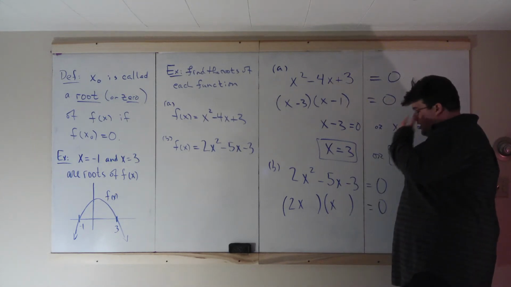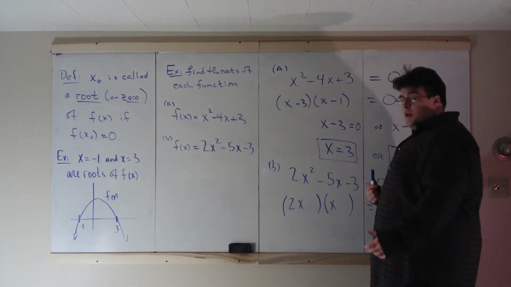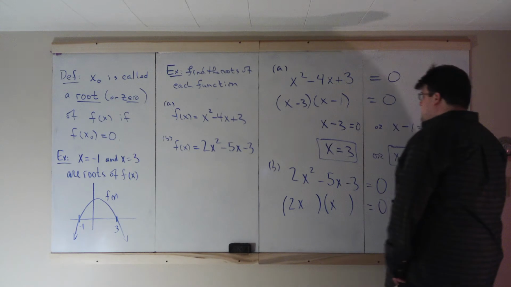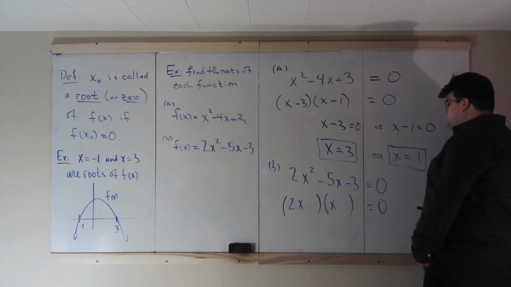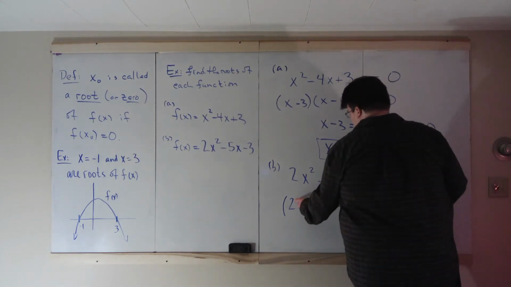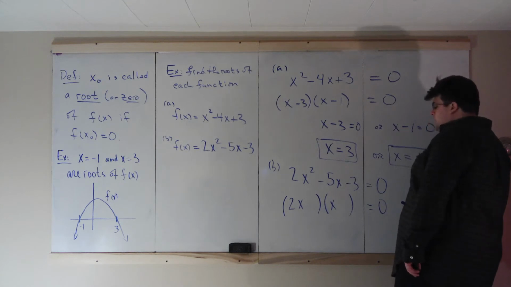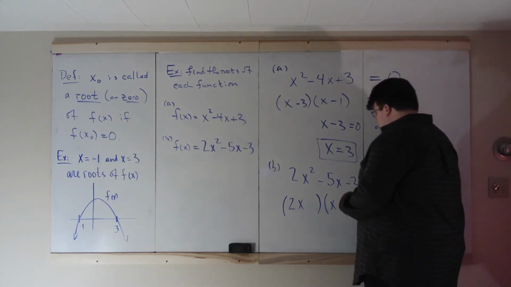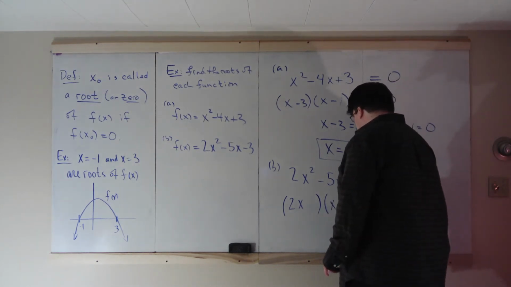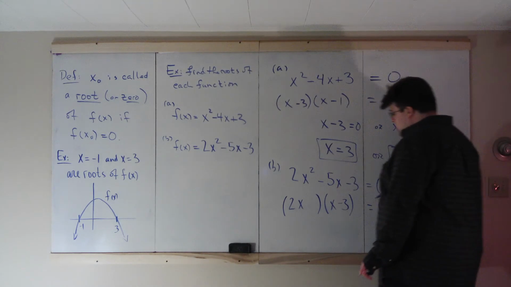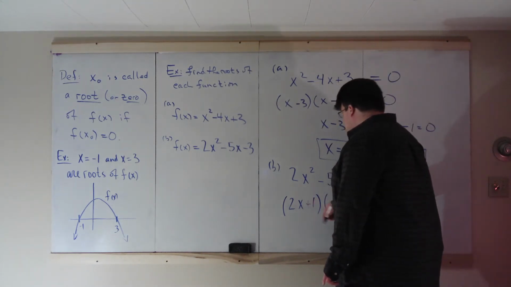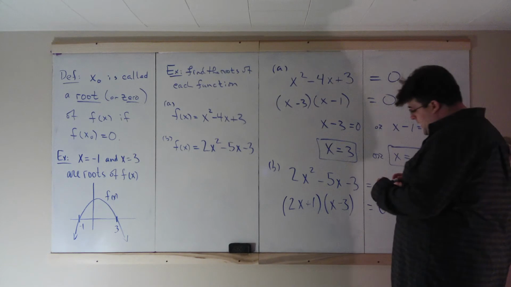Well, what will do that? 1 and negative 3 or negative 1 and 3? We need to make a negative 5, so we're going to hope that this 2 is going to help us get closer to negative 5. So if we throw a negative 3 on this, will that work? Yes, it will. With these, it actually is a good deal of guessing and checking, I think.